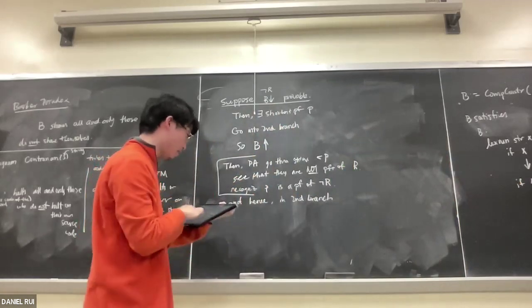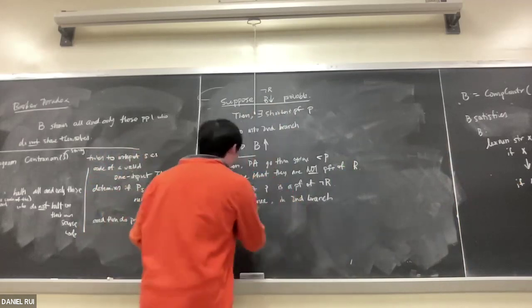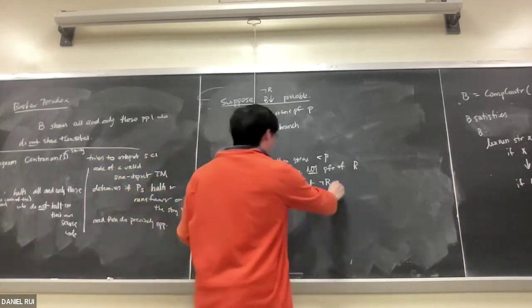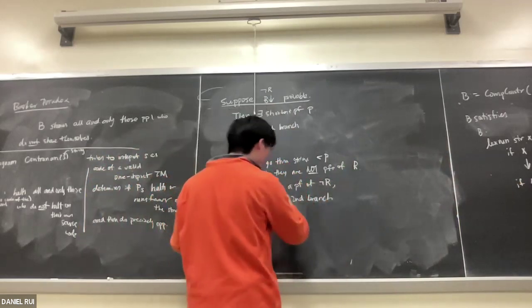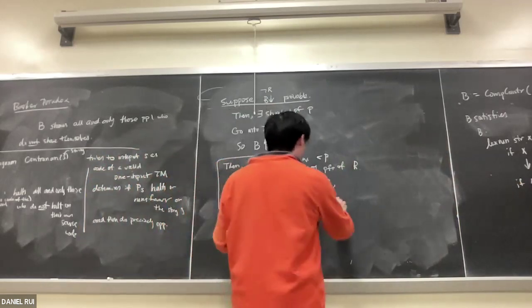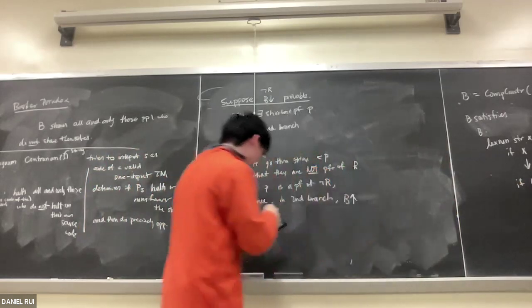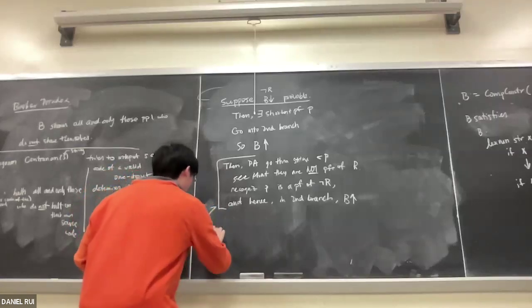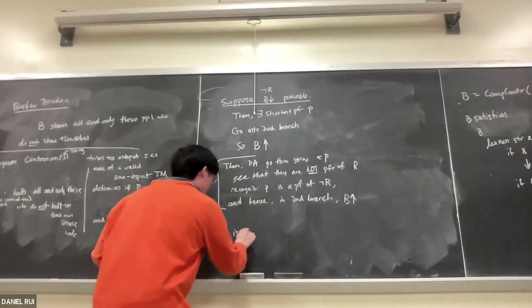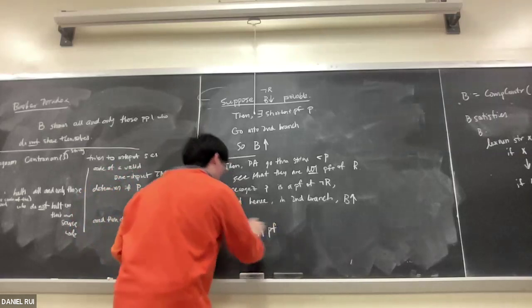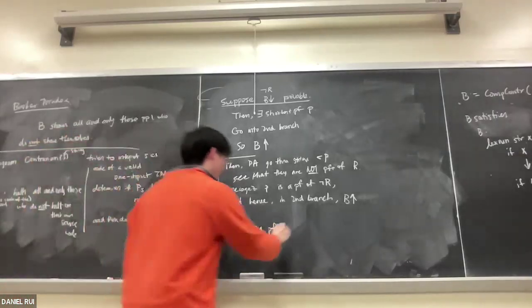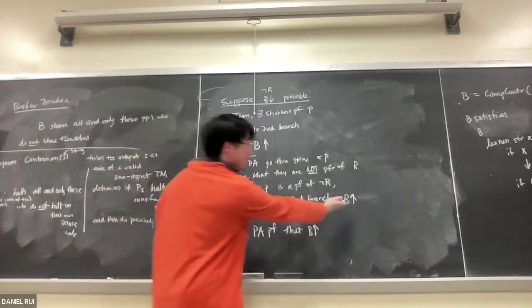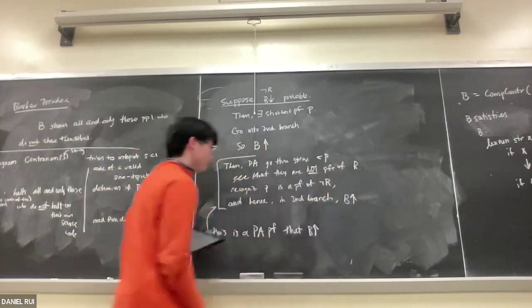Oh, sorry. I jumped the gun. Please hold. And hence enter the second branch and conclude that B runs forever. Okay. This can be formalized into a Peano arithmetic proof that B runs forever, because that's the conclusion of this big block.